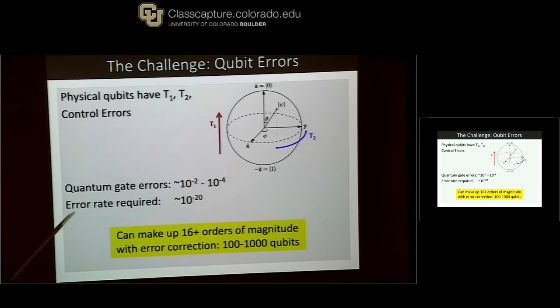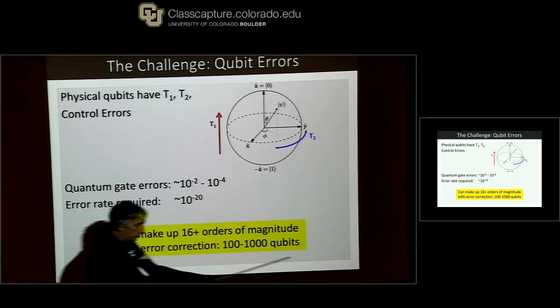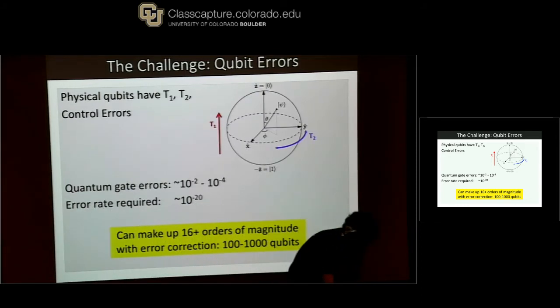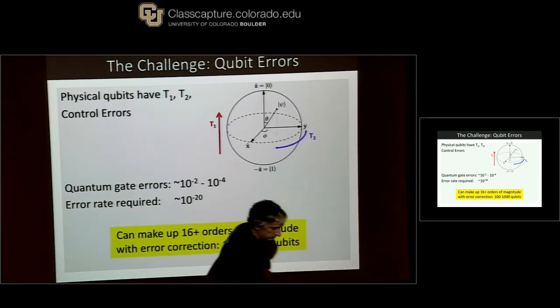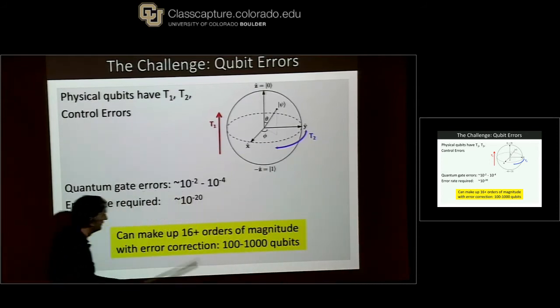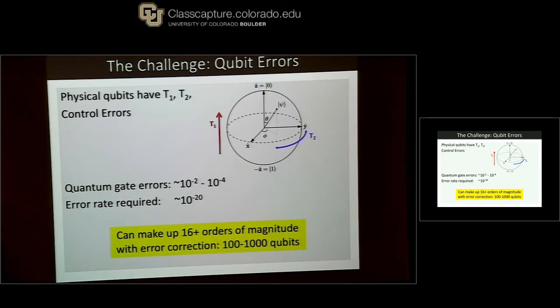We're thinking about eventually building very complicated algorithms, maybe at the scale of classical algorithms that we can run classically, with maybe 10 to the 12 or 10 to the 18 steps in them. Okay, maybe 10 to the 6, 10 to the 9 on the initial ones, but a lot of steps.